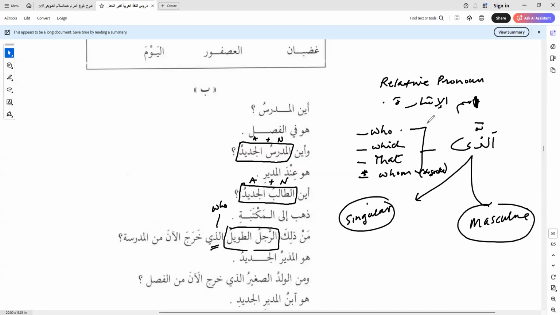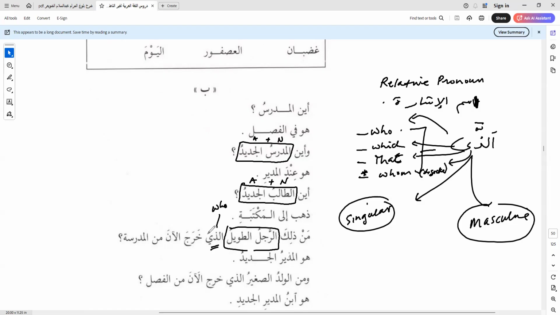Who, which, and that. But we know that in English, the relative pronoun who is normally reserved for a person, and which is normally reserved for a thing or an animal. And that is in between the two. You can reserve that for a person and you can reserve that for a thing or a non-living thing. So in Arabic, when we say alladhi, it means who, which, that, or whom.